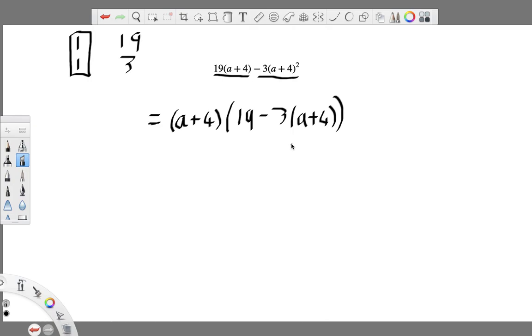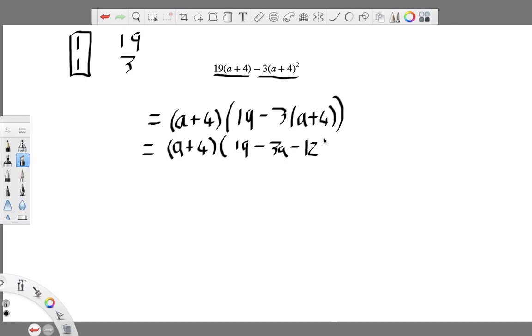All we need to do now is just simplify it. Again, exactly like we've been doing before. So we've got a plus 4, like so. Then 19. So if we expand this part, that'll help us simplify it. So we've got minus 3a, and then minus 3 times positive 4, well, that's minus 12.